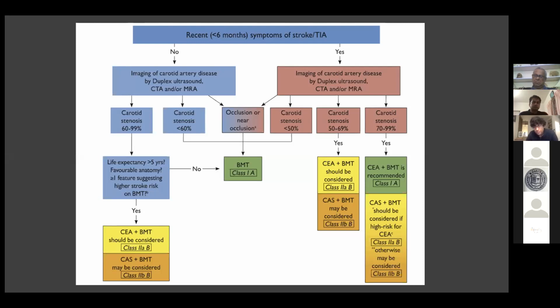One of the reasons, apart from giving you a complete idea of the neck anatomy of the carotid, is that it will also give you an idea about the patency of the circle of Willis. That is an important deciding factor when you choose what procedure to do, or other decisions such as clamping, shunt placement, and other things.